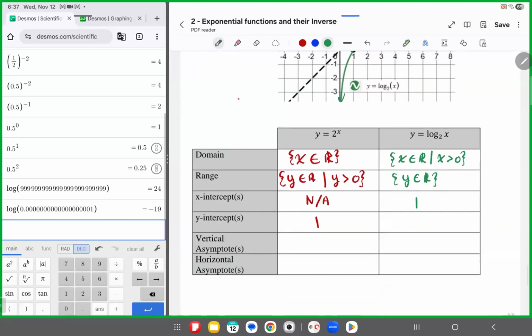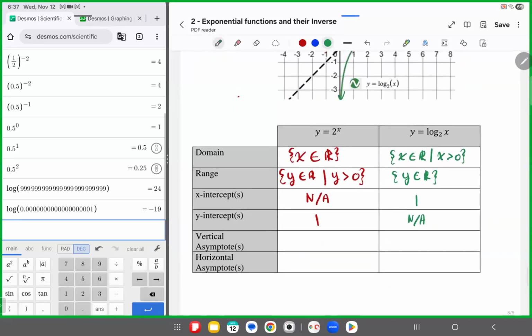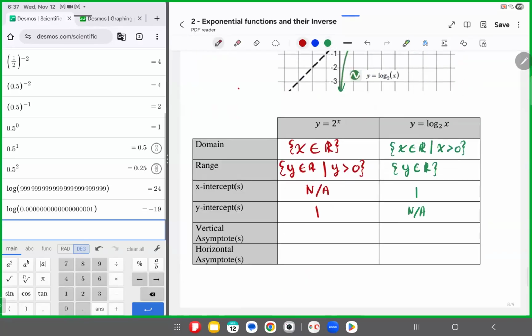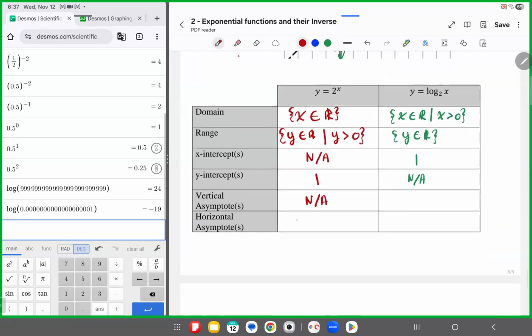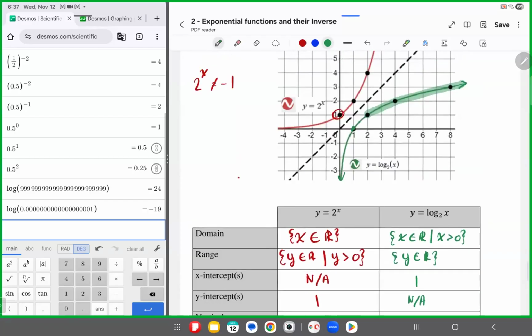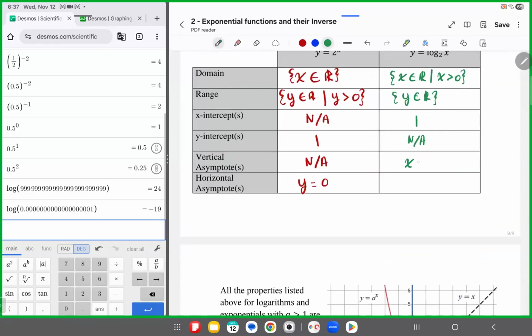About the vertical asymptote, for y is equal to 2 to the power of x, there is no vertical asymptote, but there is a horizontal asymptote of y is equal to 0. By a similar token, the vertical asymptote of y is equal to log base 2 of x, instead of y equals 0, becomes x is equal to 0.